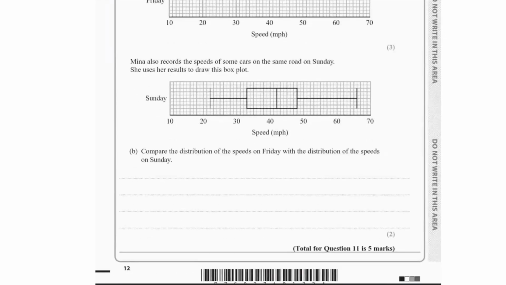So if we compare the median values, we can see that for the previous one, it was 40, and over here it's 42.